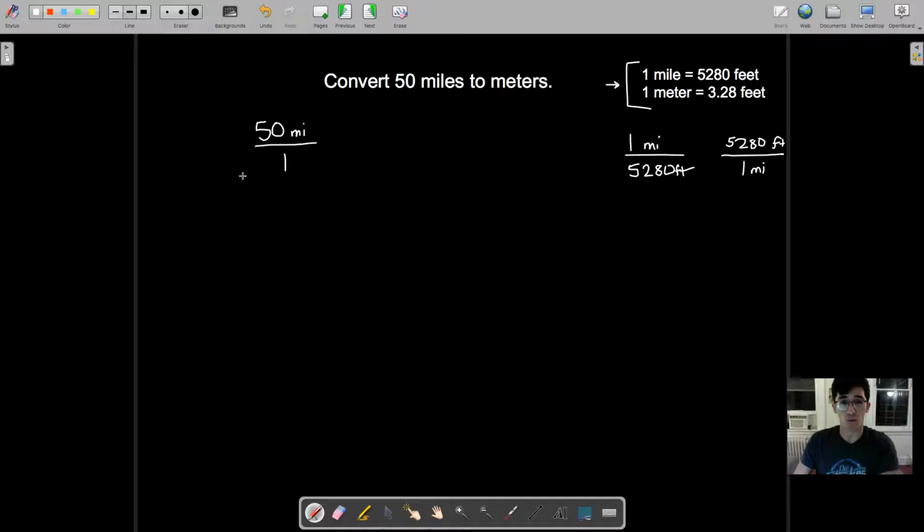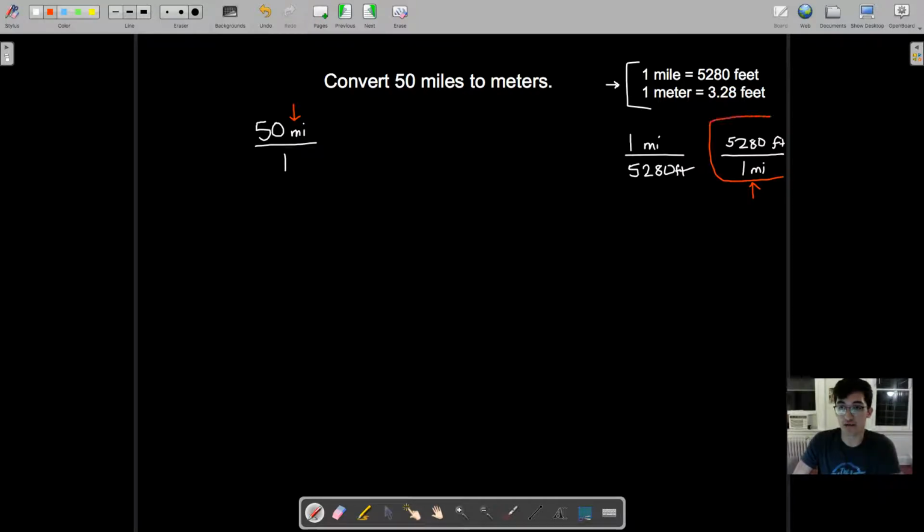So we know that we have miles in the numerator of our original fraction here. If we want to cancel out miles, we're going to have to multiply by a fraction that has miles in the denominator, right? Because if something is in the numerator and the denominator of a fraction, then we can cancel them. So we are going to choose our second fraction here because it has miles in the denominator.